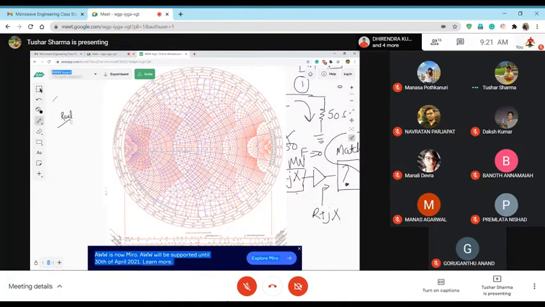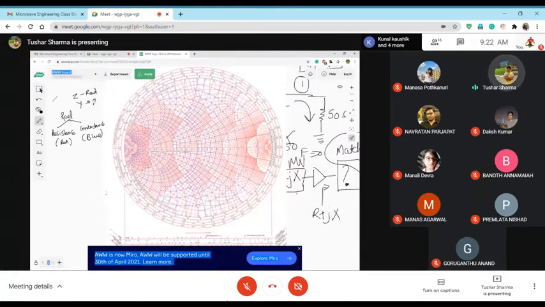One is constant resistance circle, and another one is constant conductance circle. Resistance ones are given by the red color curves, and the conductance are given by blue, which means the red one is Z Smith chart. This is Z Smith chart, the red one, and Y Smith chart, admittance Smith chart, is the blue one.